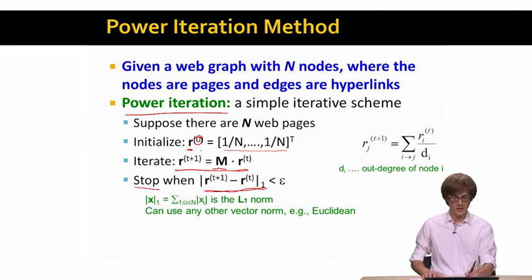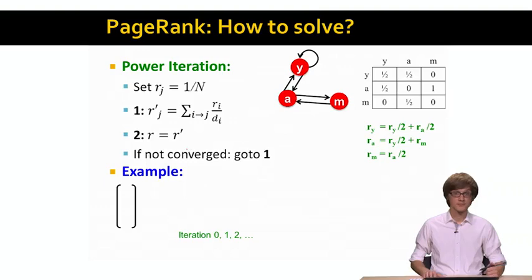We start with some guess of the rank vector r. Then we multiply it with M, usually around 50 or 100 times, and we keep monitoring how much r changes from one iteration to another, and when it stops changing, we stop. And what we get is the PageRank scores.